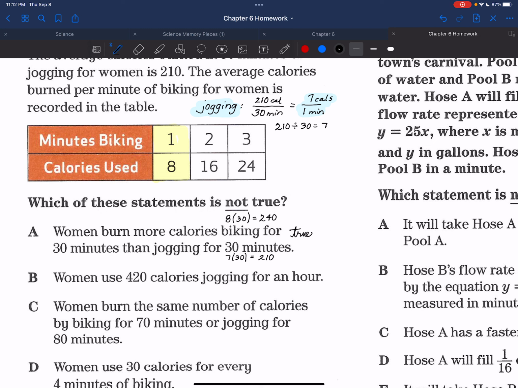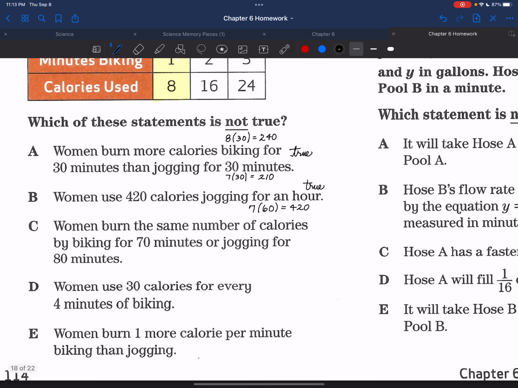Women use 420 calories jogging for an hour? Well, jogging is 7. An hour is 60 minutes, and that is 420. That is a true statement. Women burn the same number of calories by biking for 70 minutes as jogging for 80 minutes.